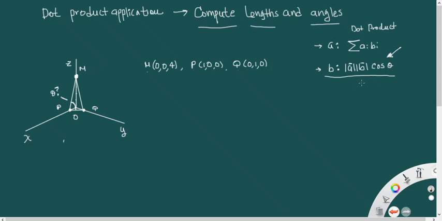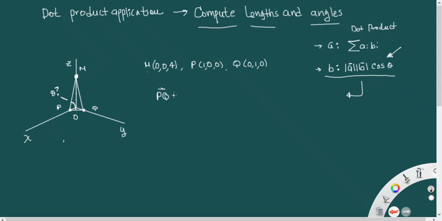So if we expand this formula, we can come up with this. We have our first vector, which is vector PQ.